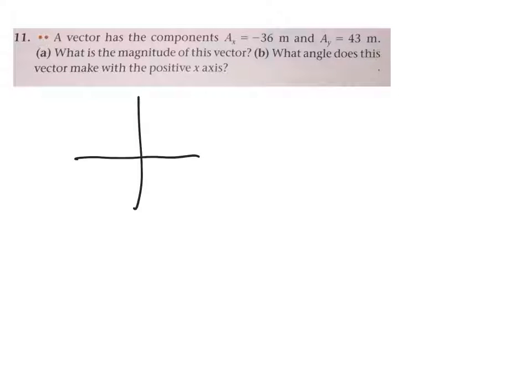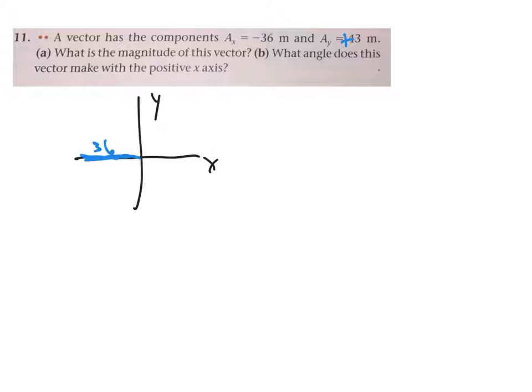So let's pick our axes, and it has components which are ax is minus 36, which means it goes over 36, but over to the left. So over something like 36 like this. And then plus 43 meters, the plus is implicit.